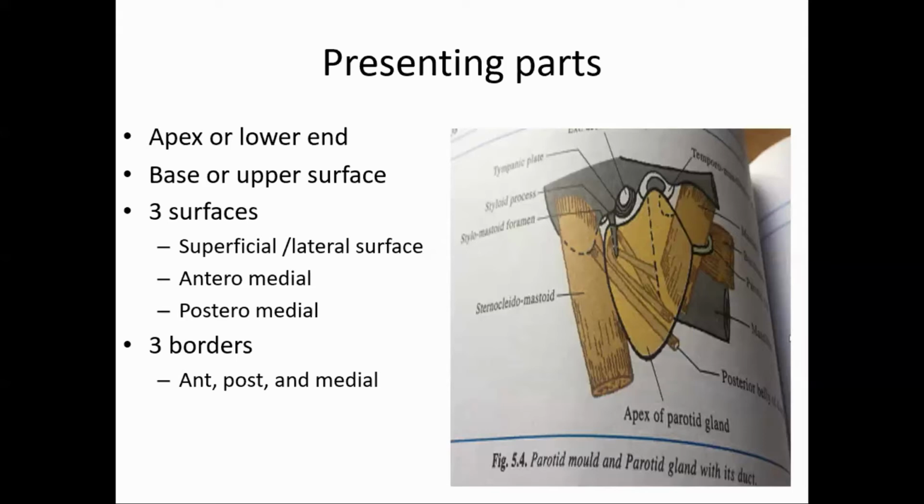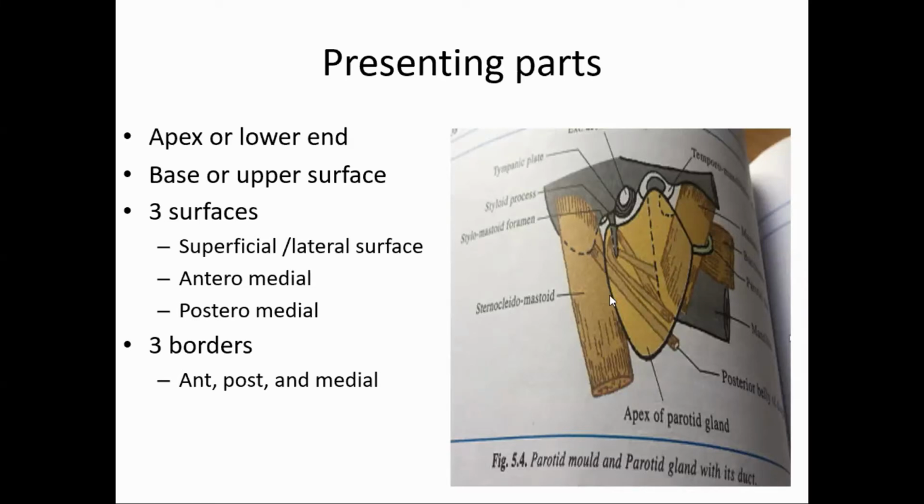That medial border divides the medial surface into the anteromedial and posteromedial surfaces. So the presenting parts of the parotid gland are the apex, the base or superior surface, the superficial or lateral surface, and the medial surface, divided by the medial border.